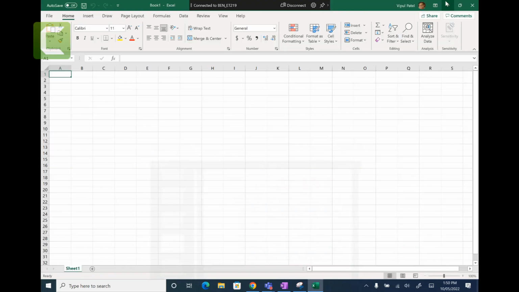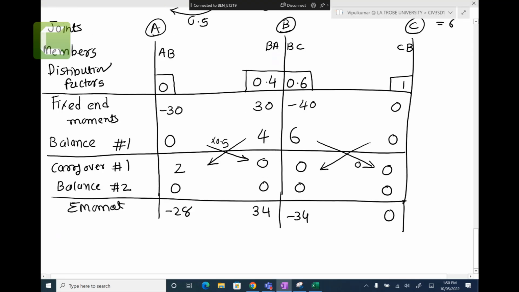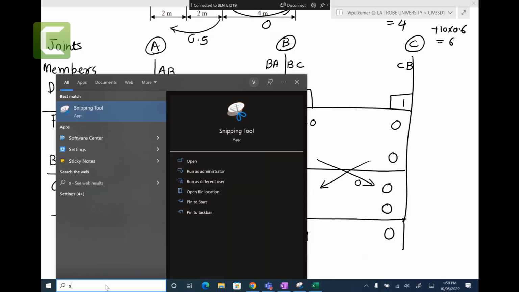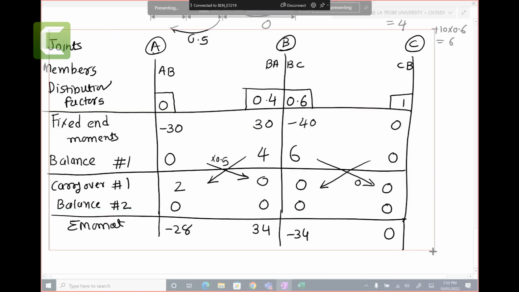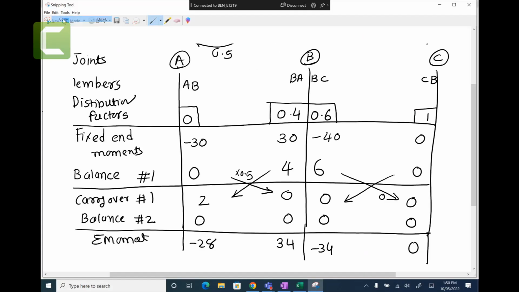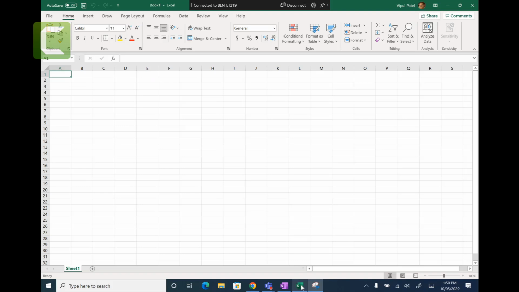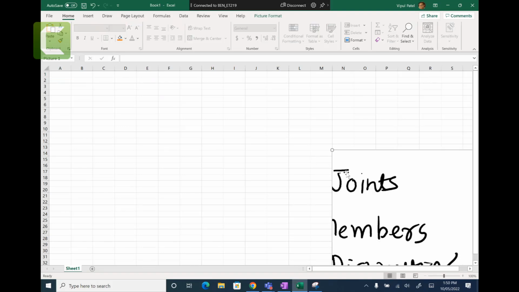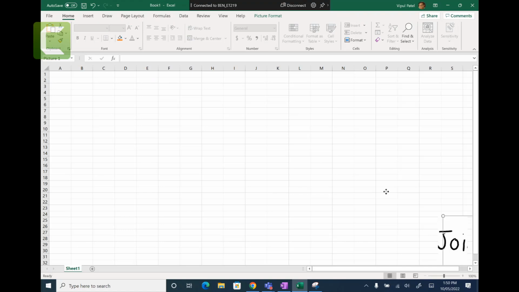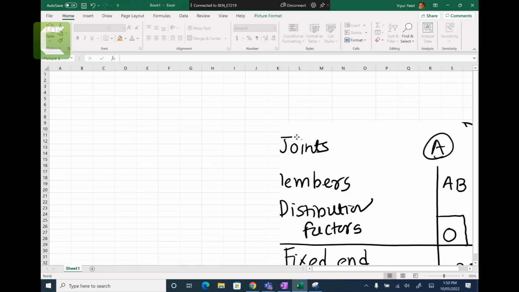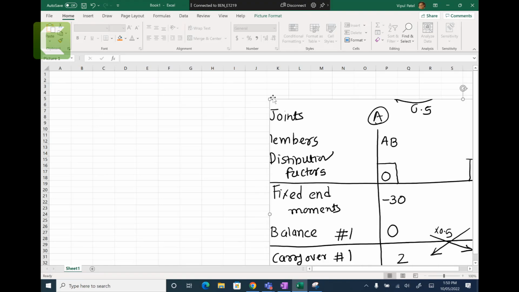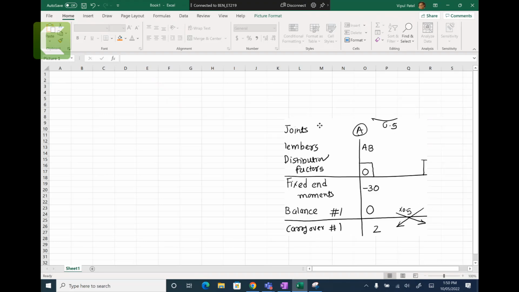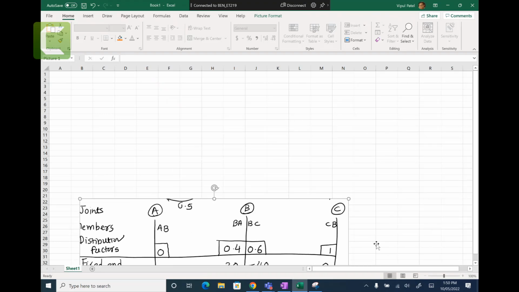All right. In the Excels, we're just going to follow exactly the same thing that we have here. Let me copy it here. All right.